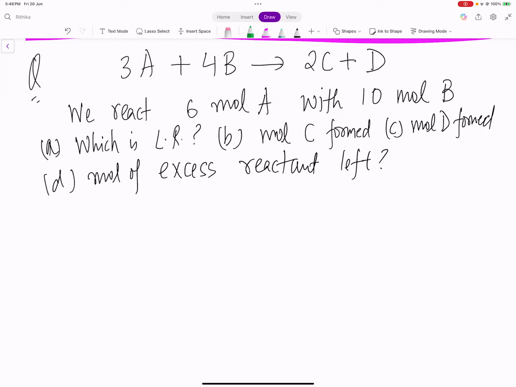Mole of C formed is 4. And the mole of D... Okay, you do it and send it to me this time.